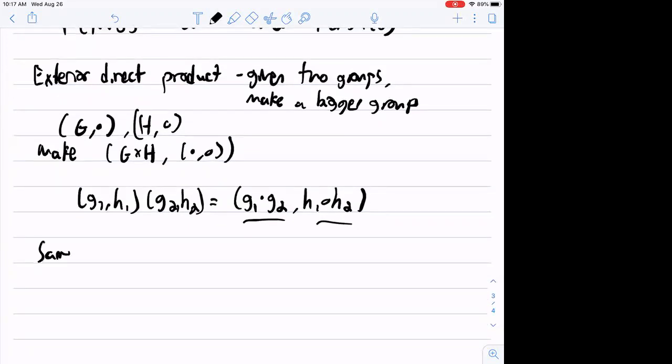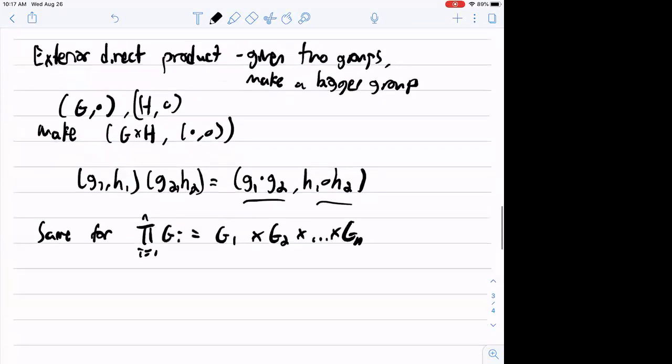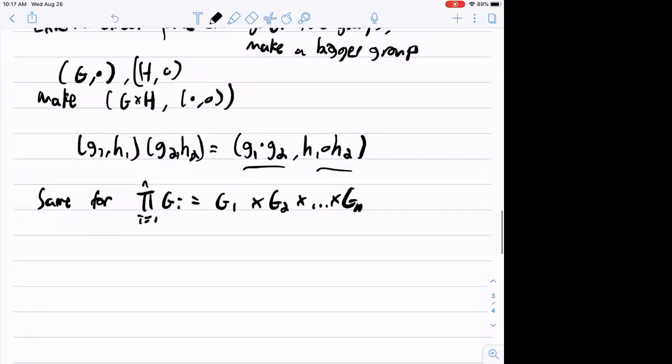And the same holds for more than one product, so everything is still component-wise. You could do the same for a finite number of products.